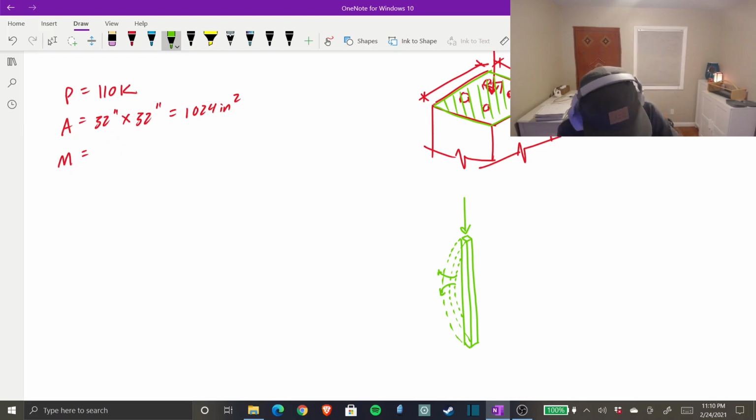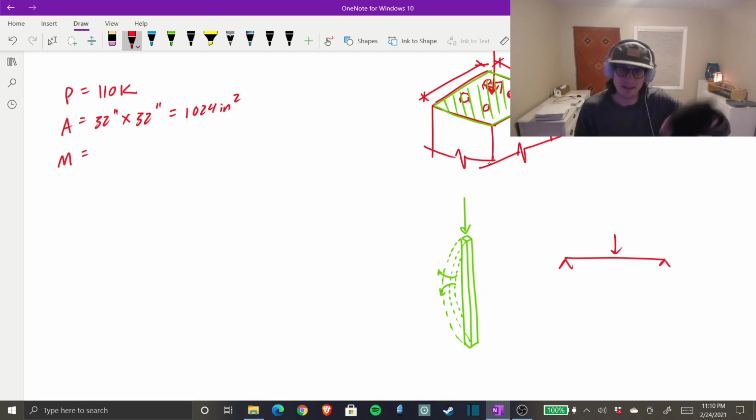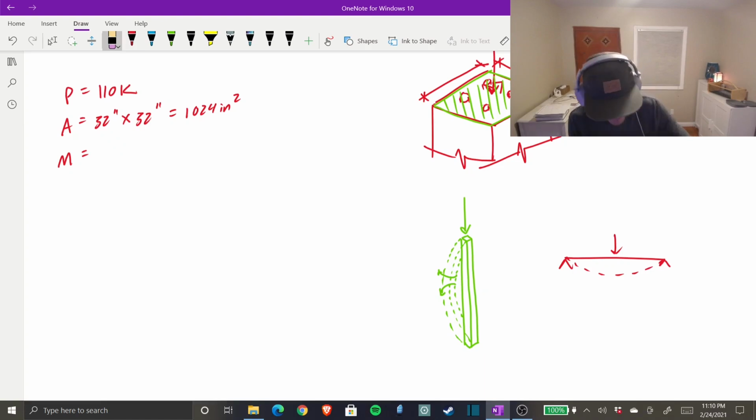Just like when we have a beam that's bending, we know that we have internal bending stresses. And you might be saying, well, when we have a beam, say we have a point load acting on the midpoint of the beam, that is what creates our moment. But in this case, we don't have that. We have a force acting along the length of the column. So where the heck is our moment?